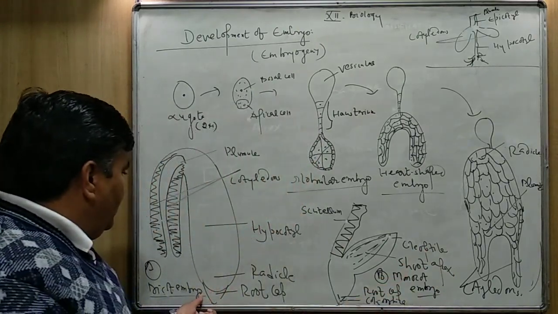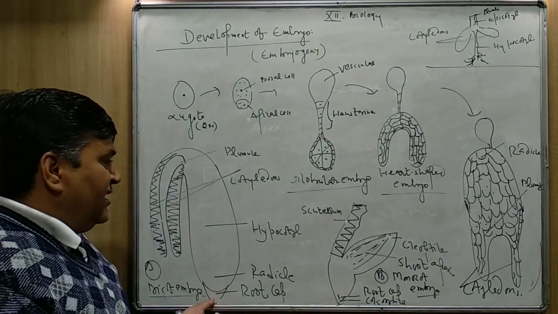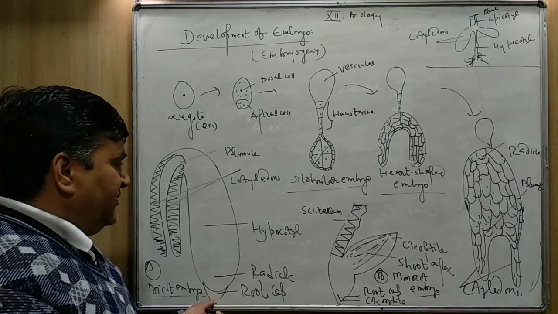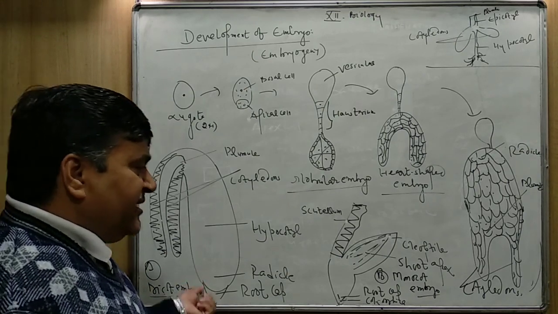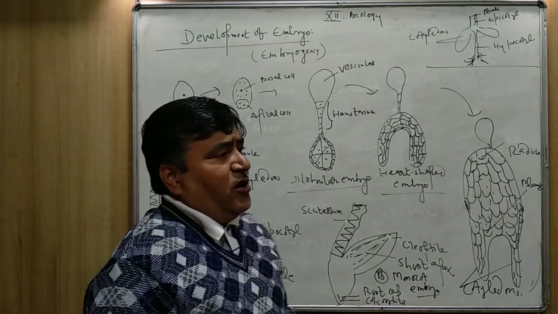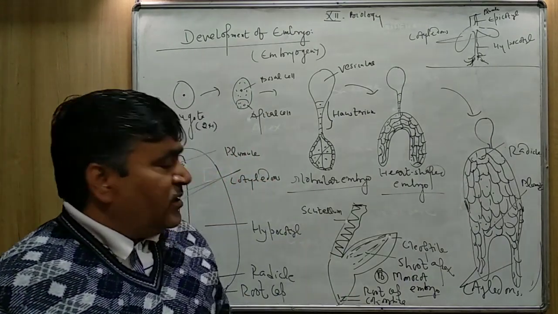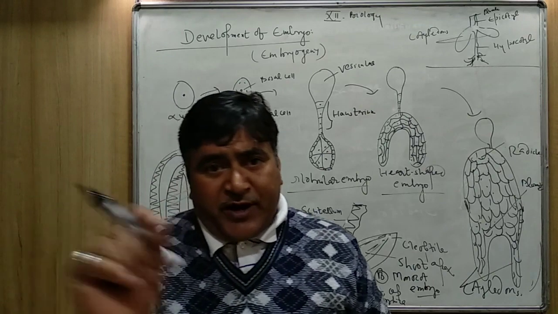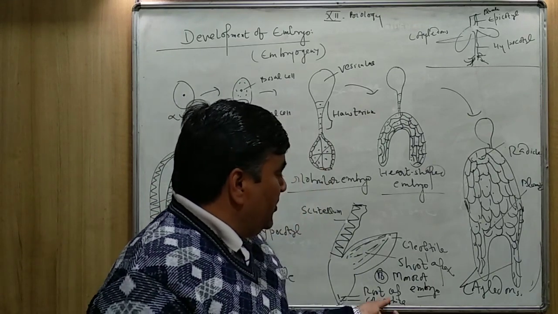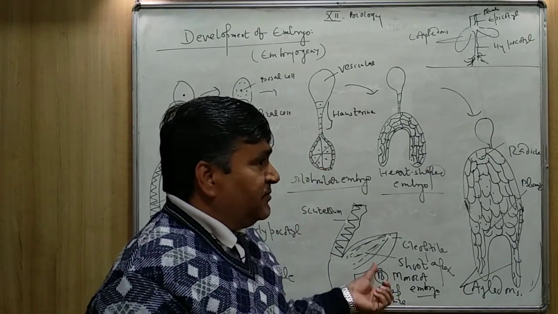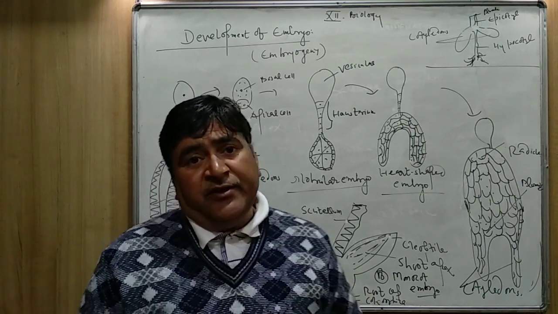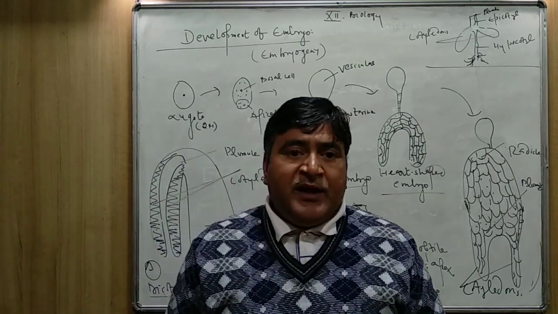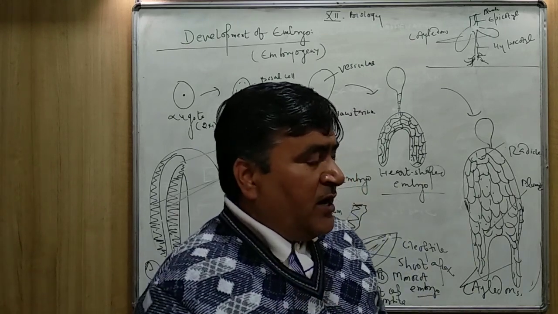In the dicot embryo, the root cap, the radicle, or you can say the root apex, is not protected by coleorhiza, meaning coleorhiza is absent here, and in the monocot embryo, the root apex is well protected by coleorhiza, meaning coleorhiza is present. So these are the differences between dicot and monocot embryo.